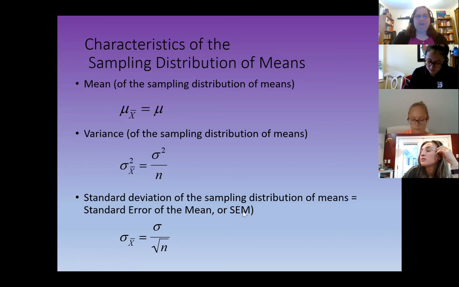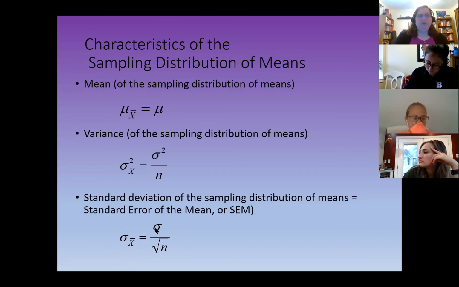Now I'm going to skip down to the standard deviation because that's the most interesting one. If you've heard of standard error of the mean or saw SEM reported in a research article, this is what we're talking about here. The standard error of the mean, or the standard deviation for the sampling distribution of means, however you like to say that. I prefer standard error of the mean because it's less of a mouthful.